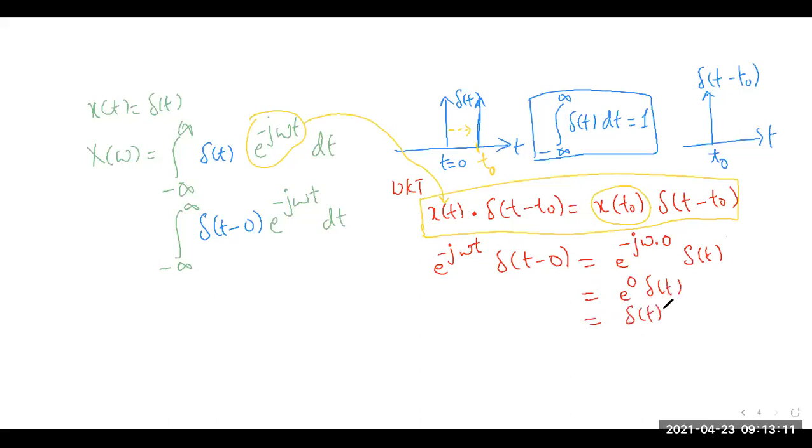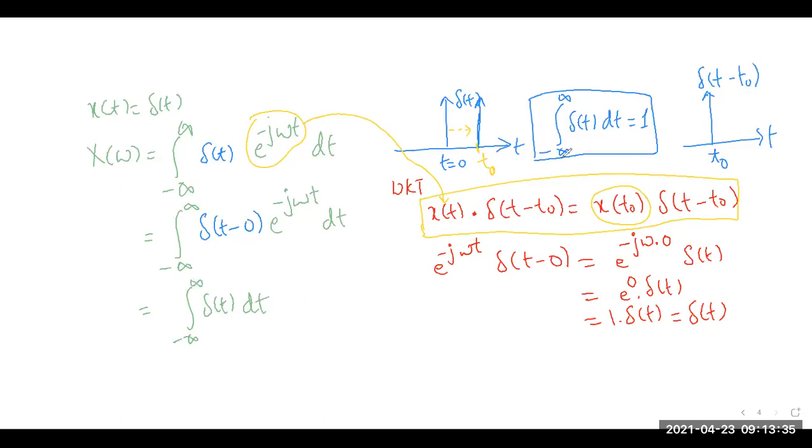So in fact, we'll end up with delta of t. So this entire thing boils down to just delta of t dt, integration starting from negative infinity to positive infinity.